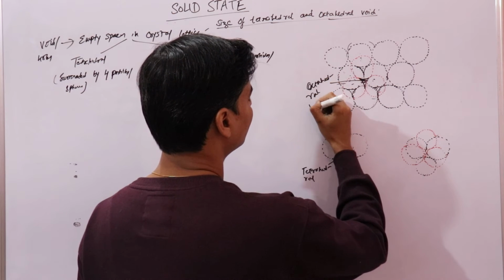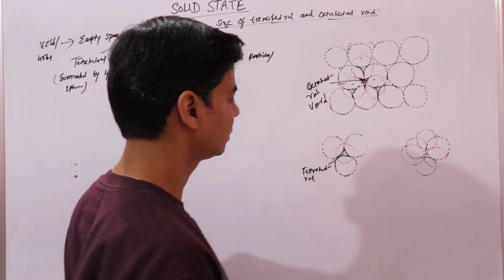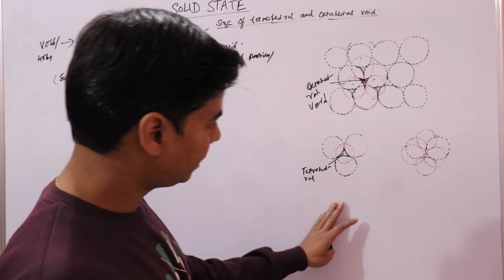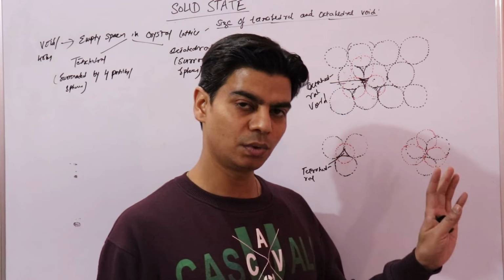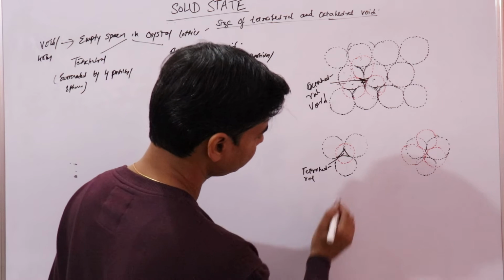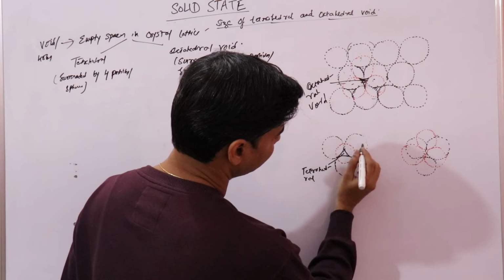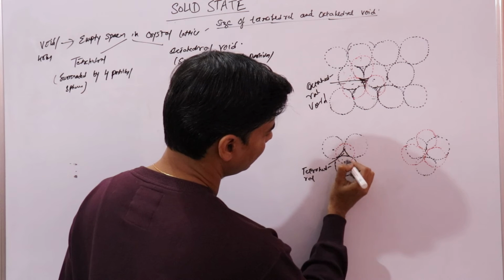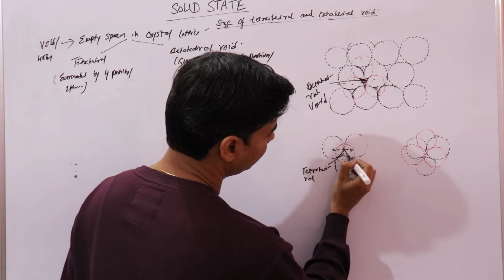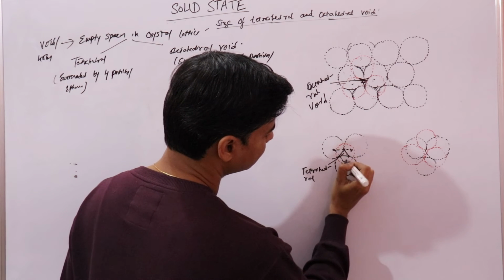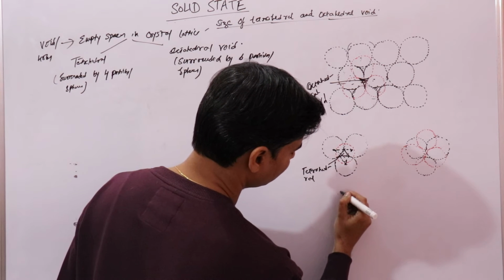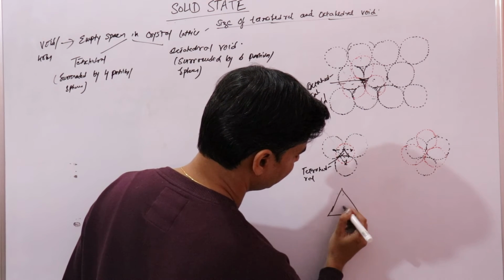Now this is a tetrahedral void because it is surrounded by 4 spheres. Here it looks like an inverted tetrahedron, but this is how it will look if you build it, and it will form this kind of a tetrahedron.